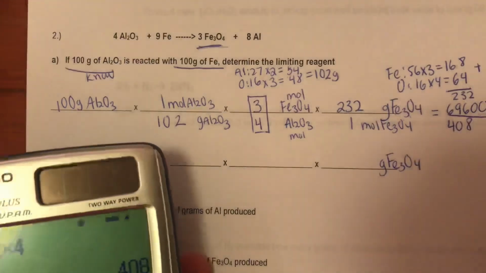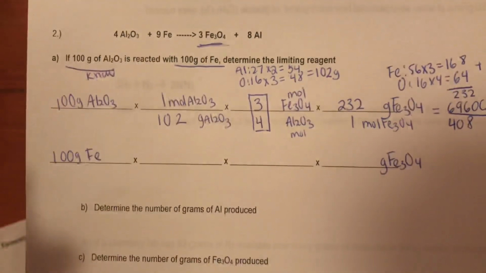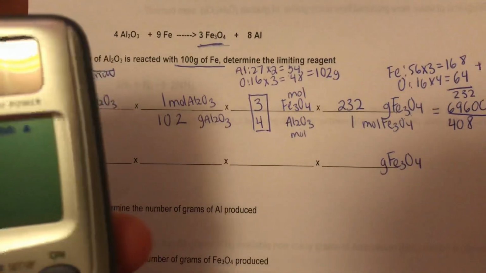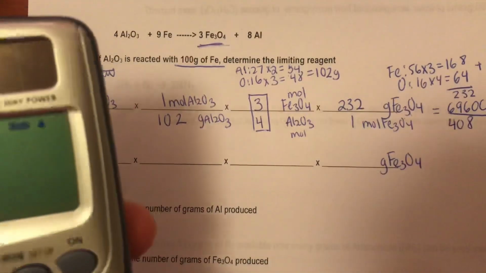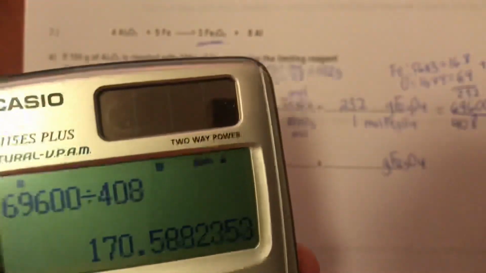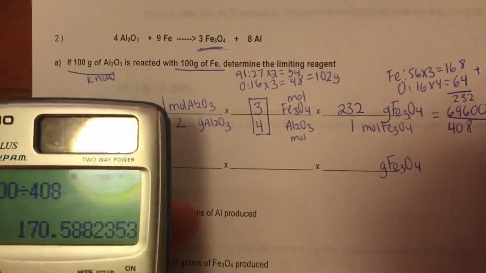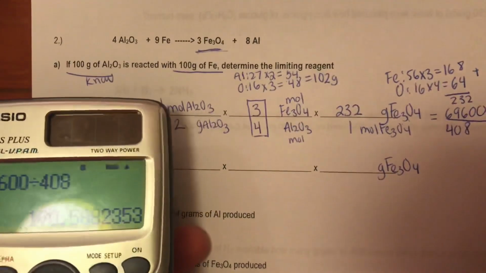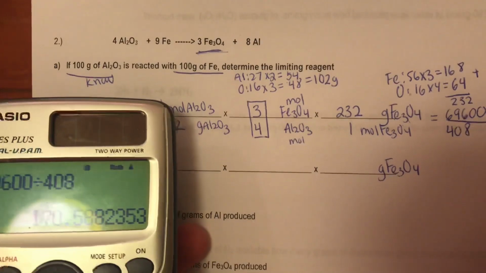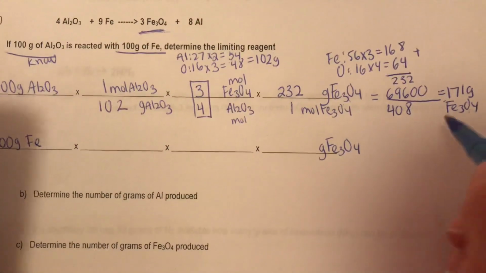And I'm going to divide 69,600 by 408. And I got 170.58. So 171 grams. So I wrote 171 grams of Fe3O4.